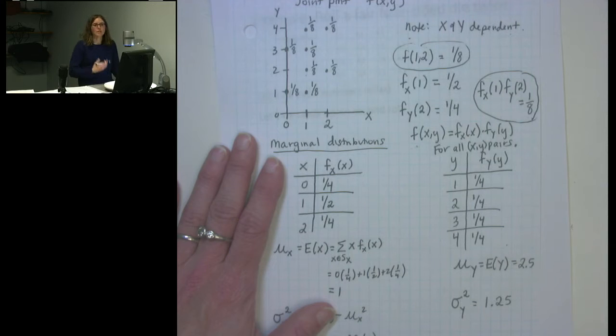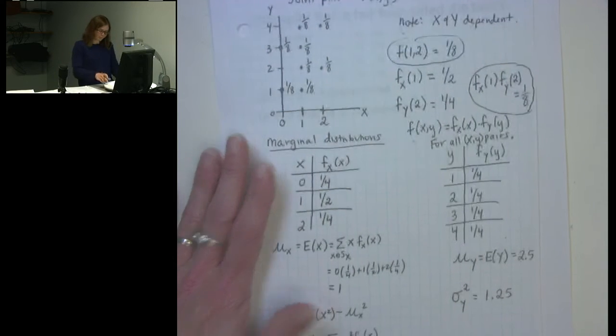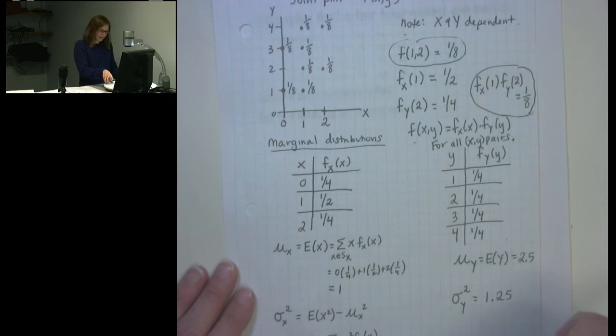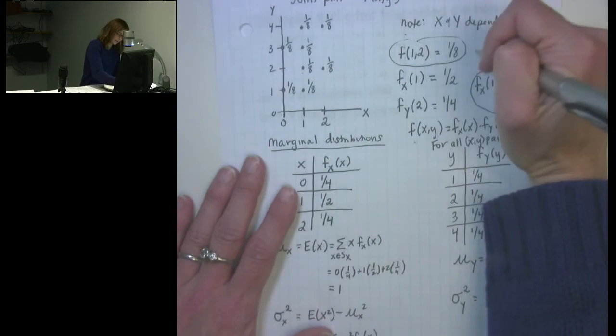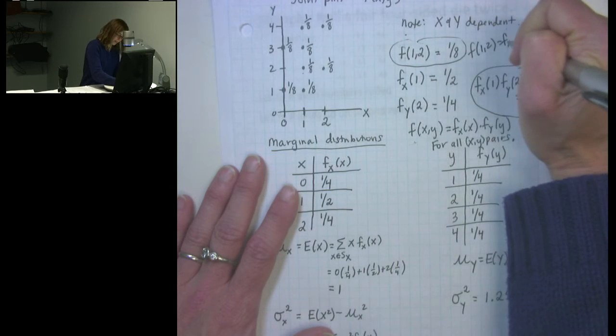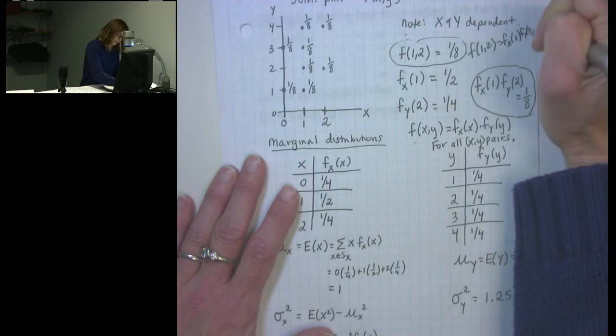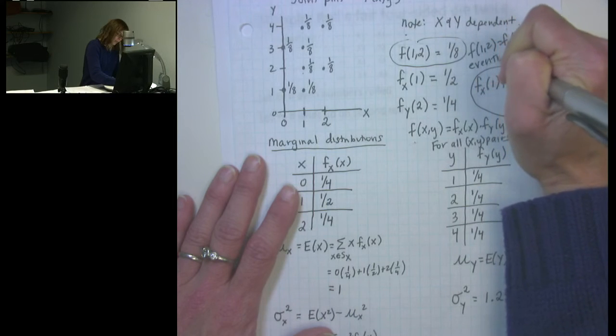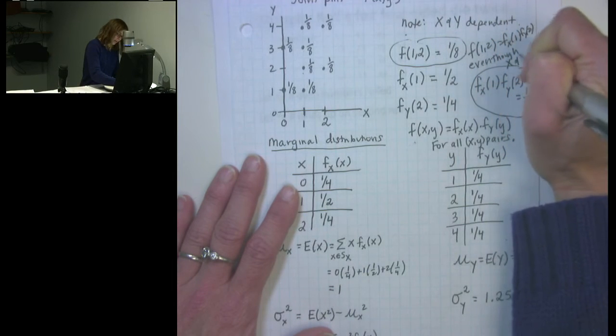So I just want to reiterate that in order to be independent, we don't need to show that the joint distribution is the product of the marginals for just one point. We need to show that it's true for all points. If it's violated at any of the points, then it is not independent, it's dependent. So in this case, f of 1, 2 is equal to f sub x of 1 times f sub y of 2, even though x and y are dependent.